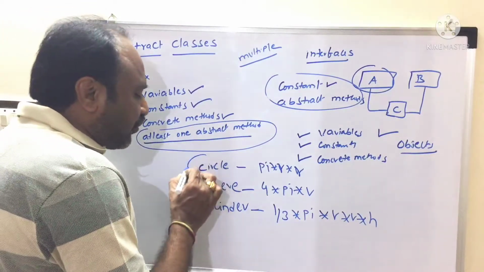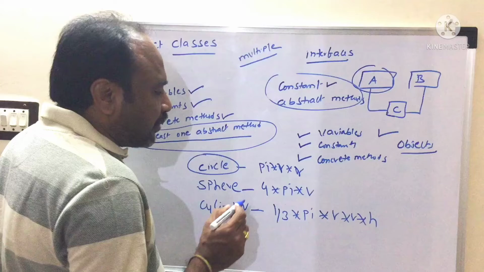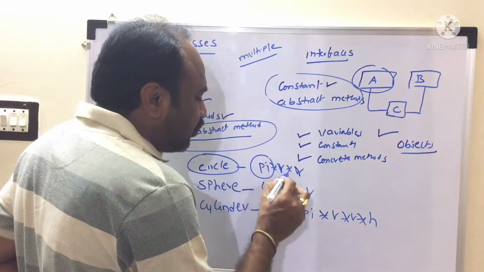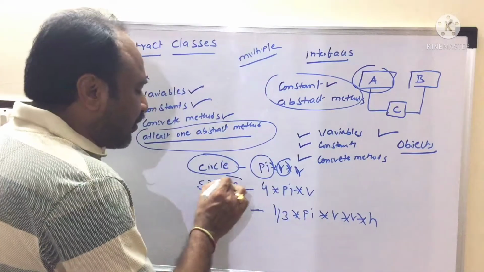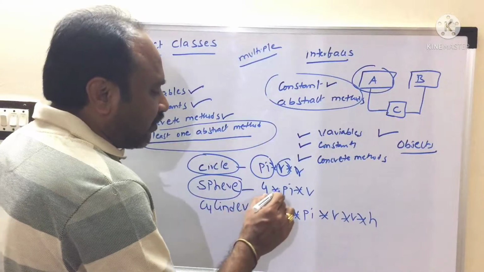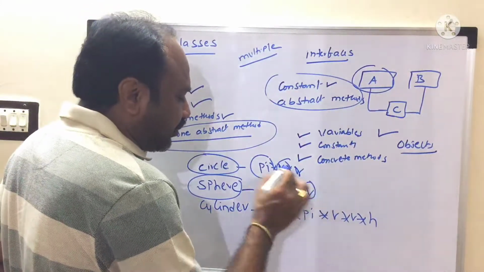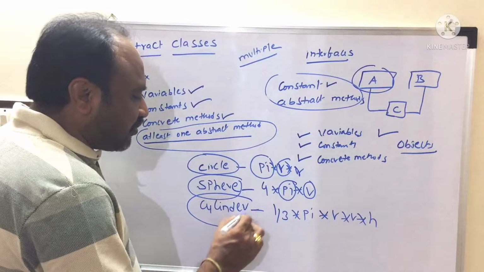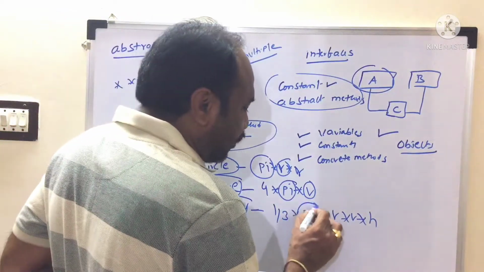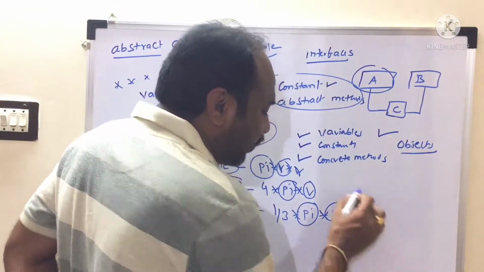For example, if I want to find the area of a circle, what is the formula? It requires pi value and radius value. If I want to find the area of a sphere, I again require pi value and radius value. If I want to find the area of a cylinder, I require pi value, r value and h value.